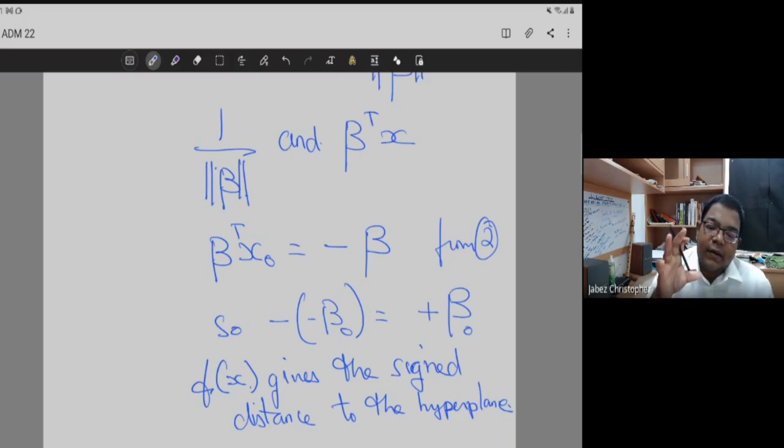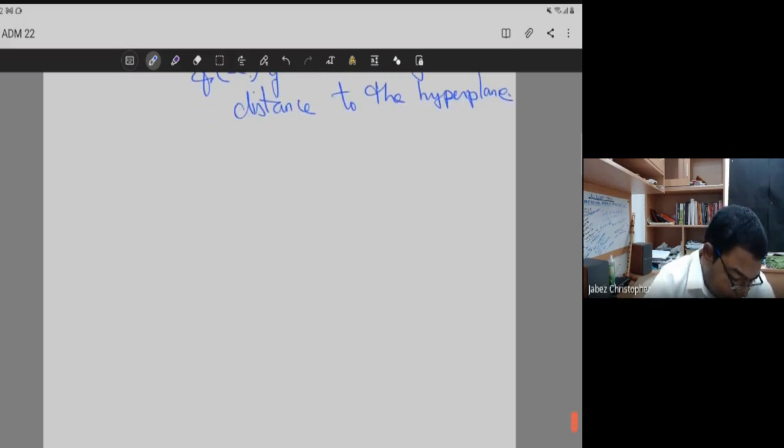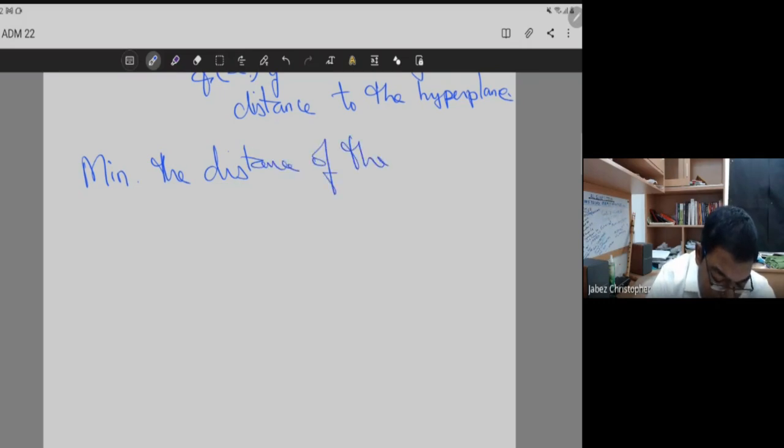To minimize the distance of the points from that line or from that plane. Or in other words, minimize the distance of the points to the decision boundary.